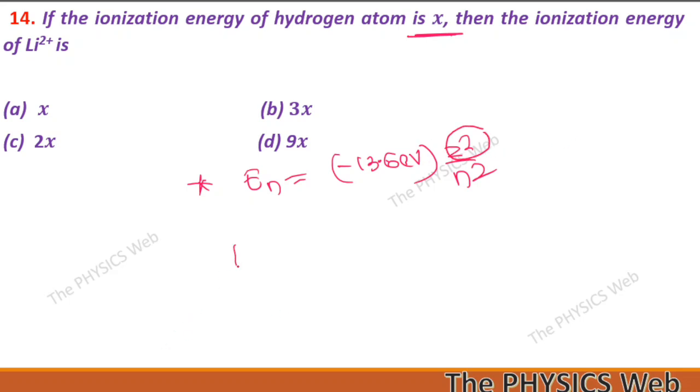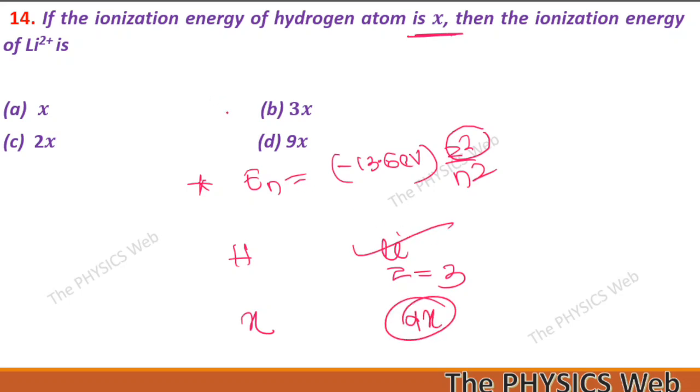Lithium has atomic number Z equal to 3, so a factor of 9 will be multiplied with the energy. If for the hydrogen atom it is X, then it will be 9X for lithium. So your correct answer will be option D, 9X.